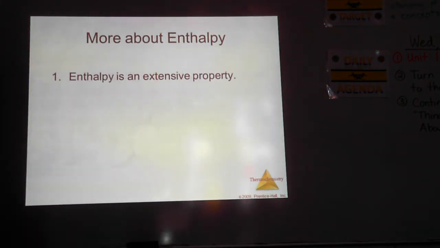So finally, just a few comments about enthalpy. Enthalpy is an extensive property, okay? So that means it depends on the amount of the substance that you have. So the more substance that you have, the more mass you have, the more enthalpy that a substance is going to have.